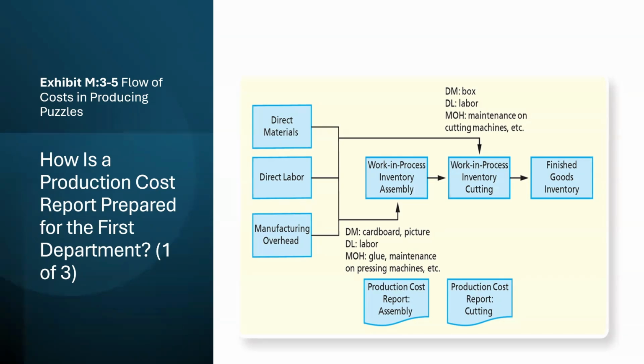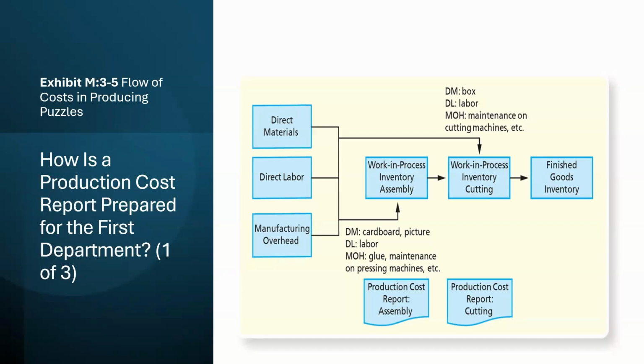For a comprehensive example of a process costing system, we're looking at Puzzle Me. Here you see in Exhibit 3.5, it illustrates the two major production processes. In the first process, you have the assembly department. The assembly department applies glue to the cardboard and then presses a picture onto that cardboard.